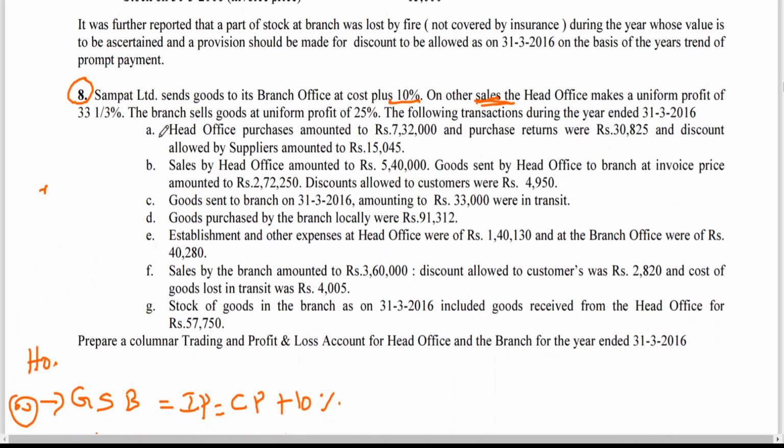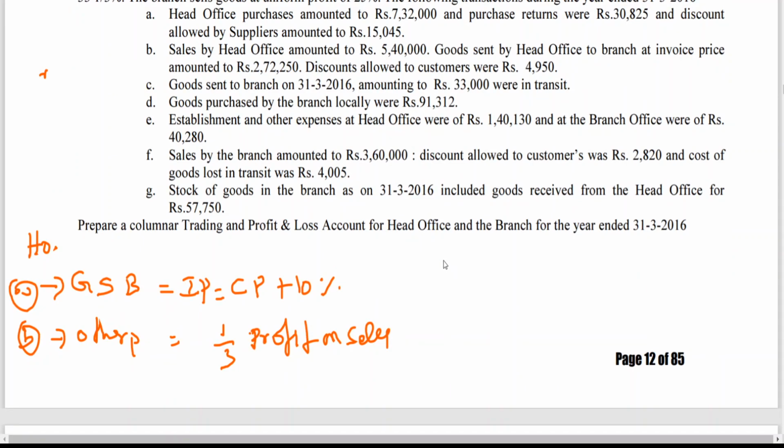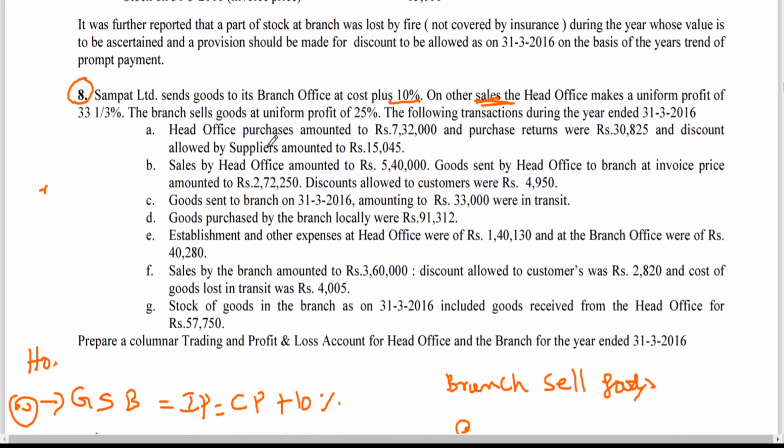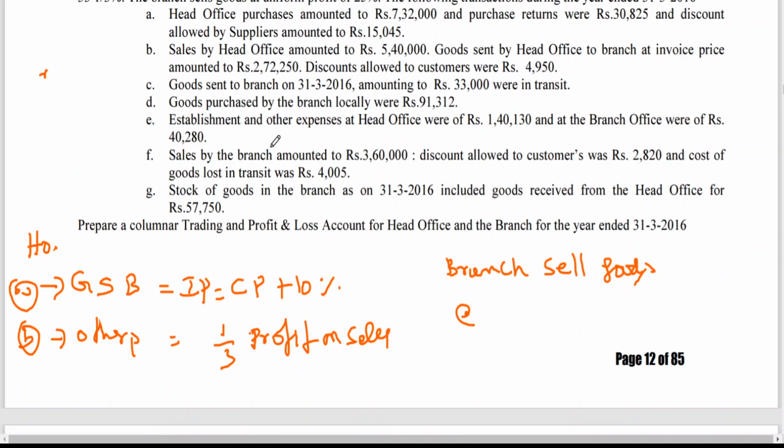Then the branch sells goods at a uniform profit of 25% on sales.